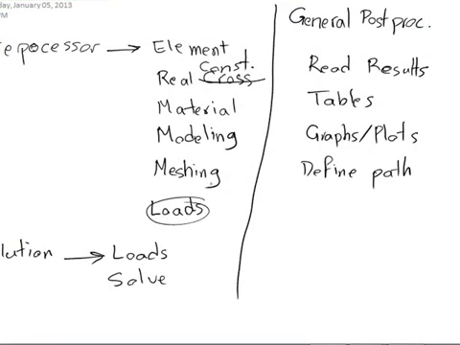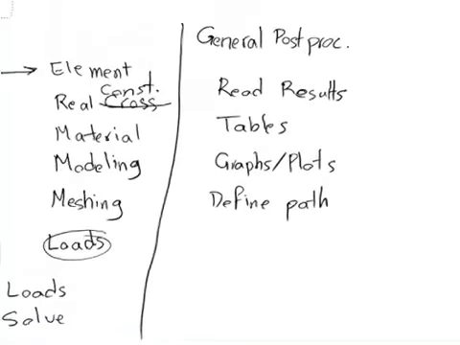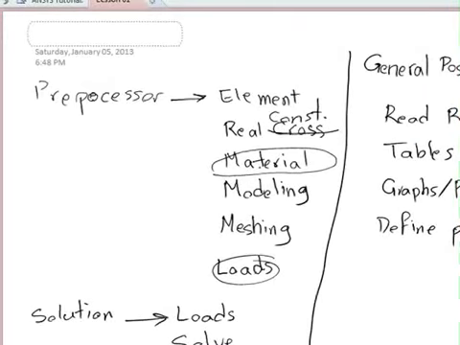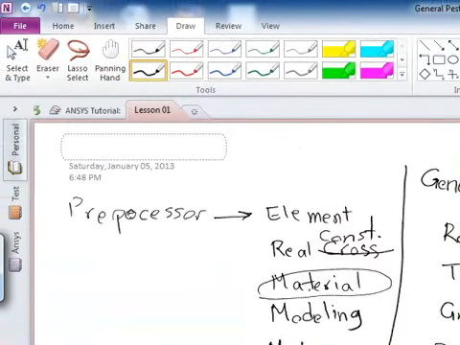And then the material defines the attributes such as elasticity and Poisson's ratio for the material you're going to be testing or modeling and analyzing in ANSYS.